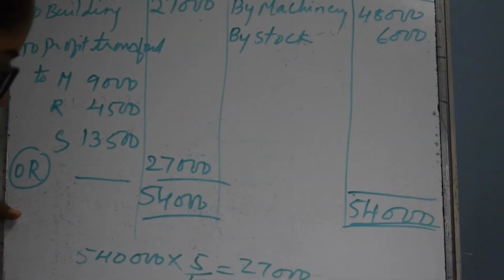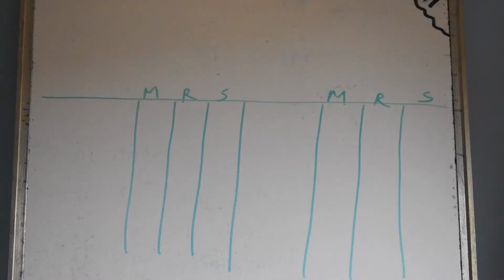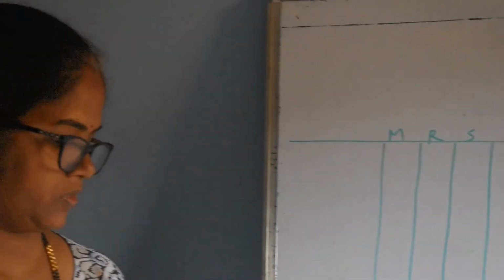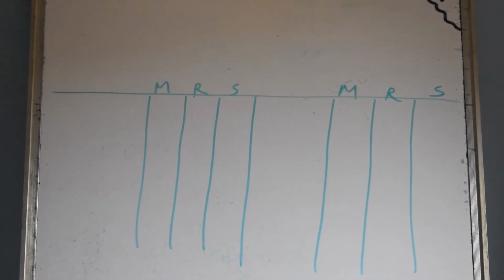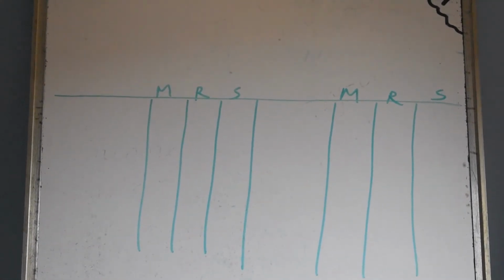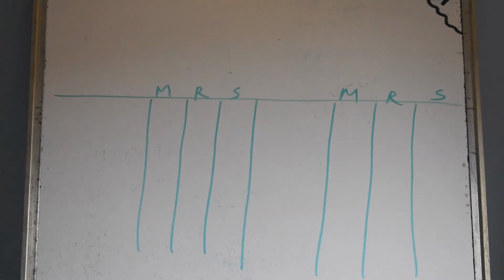Then we go to the partners' capital account. Okay, next we'll prepare the partners' capital account, and we know in the partners' capital account we always first see the old balance sheet. Whatever capital is there, we first have to transfer to the partners' capital account, and the general reserve is also there, which we have to distribute. So on the liability side we have M's capital and R's capital.